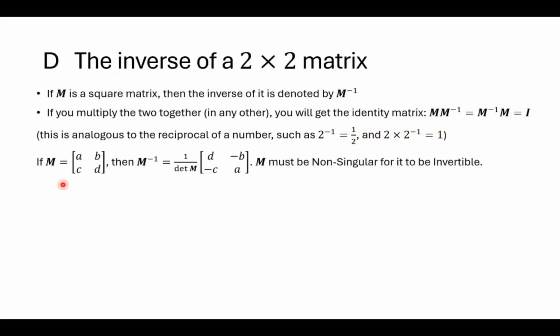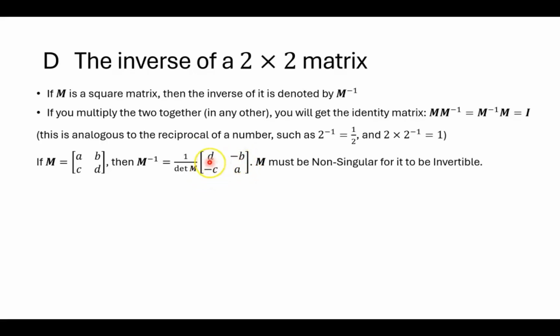So how to actually calculate the inverse of a matrix? Well, it seems strange at first, but actually it's not that hard. If we return to our arbitrary 2 times 2 matrix A, B, C, D, then the inverse of it will be 1 over its determinant times this matrix. This matrix is what you get if you switch the diagonal entries A and D, and put the negative sign on the other diagonal.